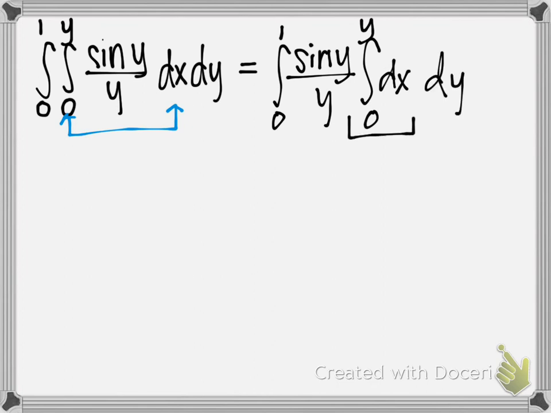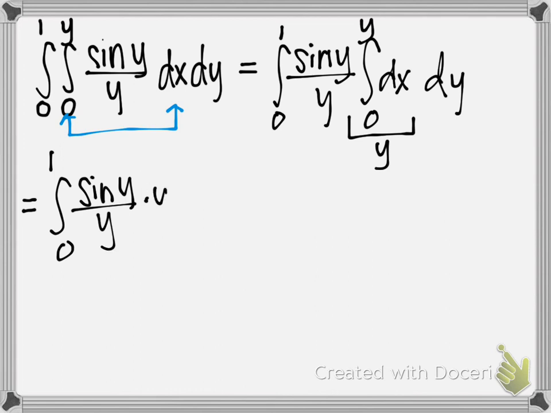This inside integral is just going to become y. And now I'm going to get the integral from 0 to 1 of sine of y over y times y dy.